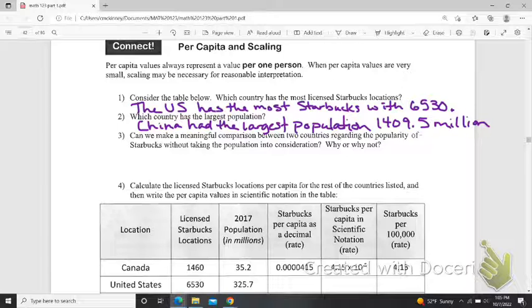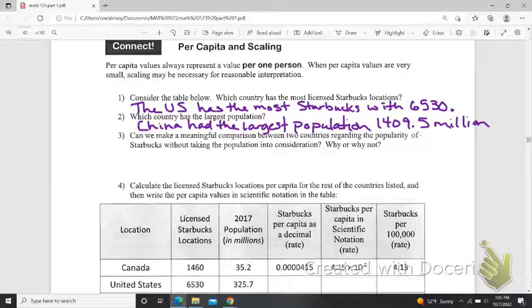Not really. So we may be able to say something is more popular, but as far as it really being meaningful and being able to give a quantity with it, we cannot. So we need to consider the population also.